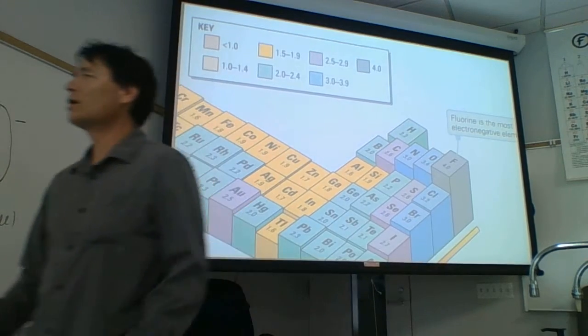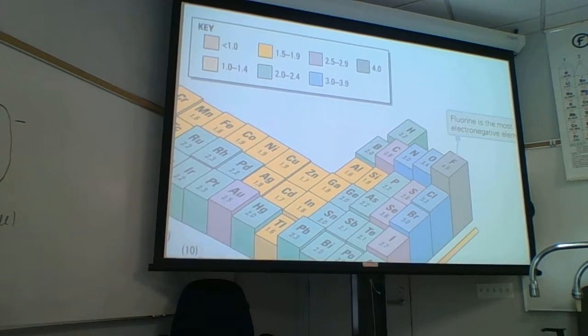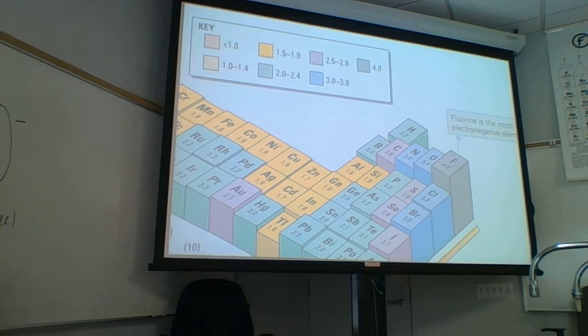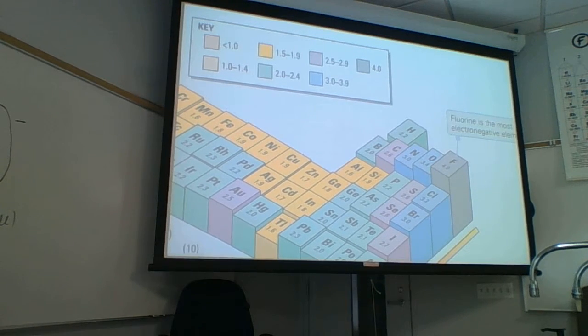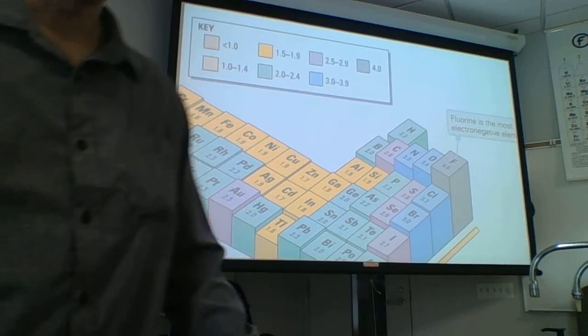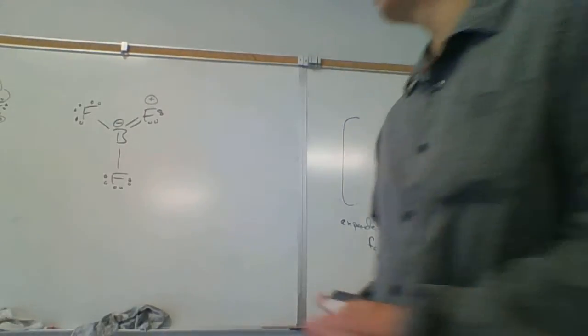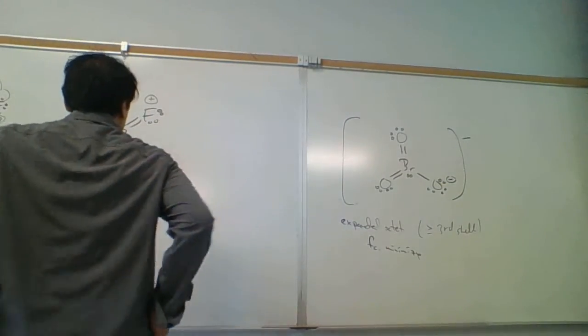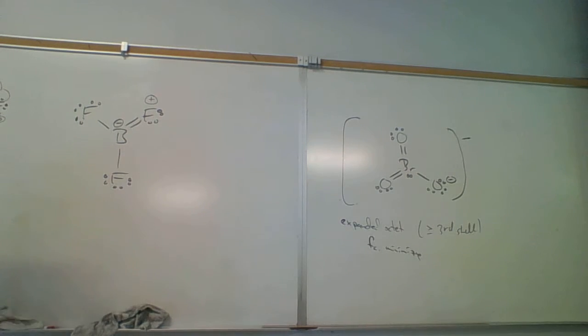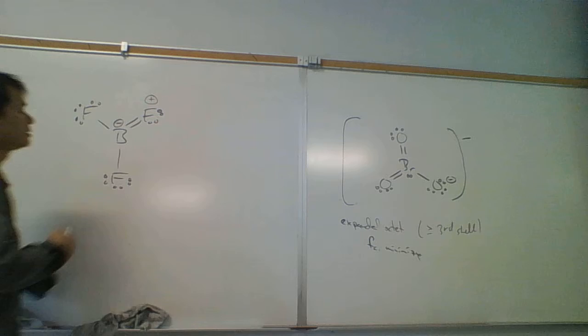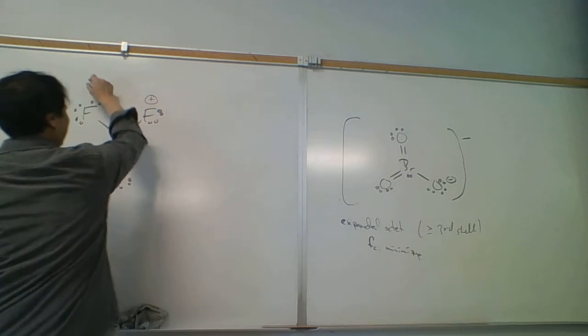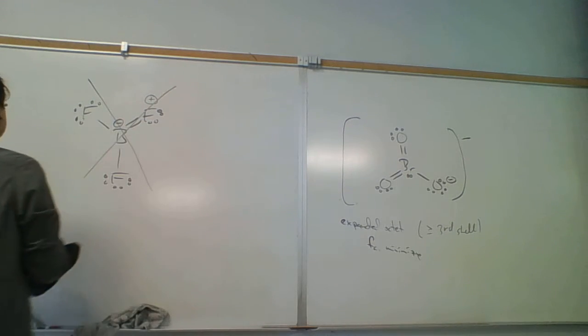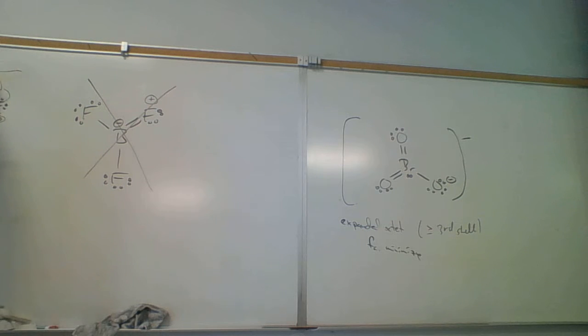Is boron strong enough to pull an electron away from fluorine? No. In fact, this is not going to happen. No matter what fluorine's bonded to, fluorine is never going to give up a lone pair to form a bonding pair. In other words, this doesn't happen. This is the correct structure.